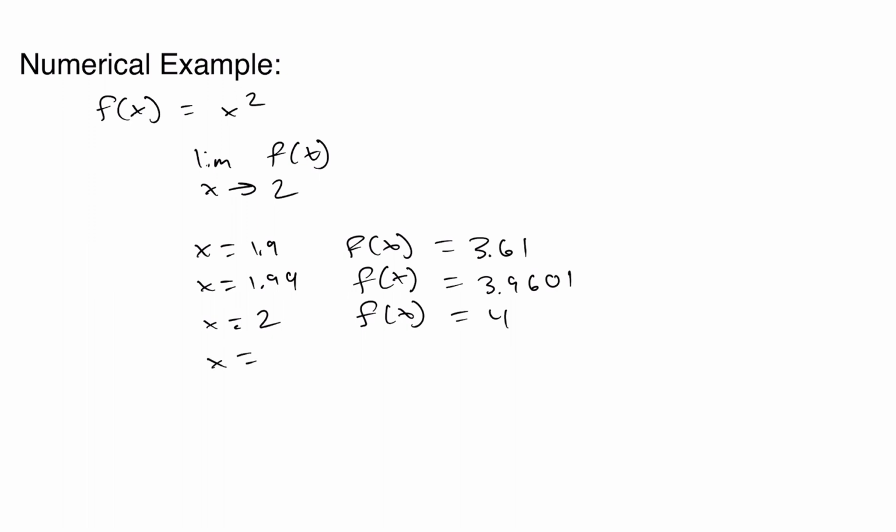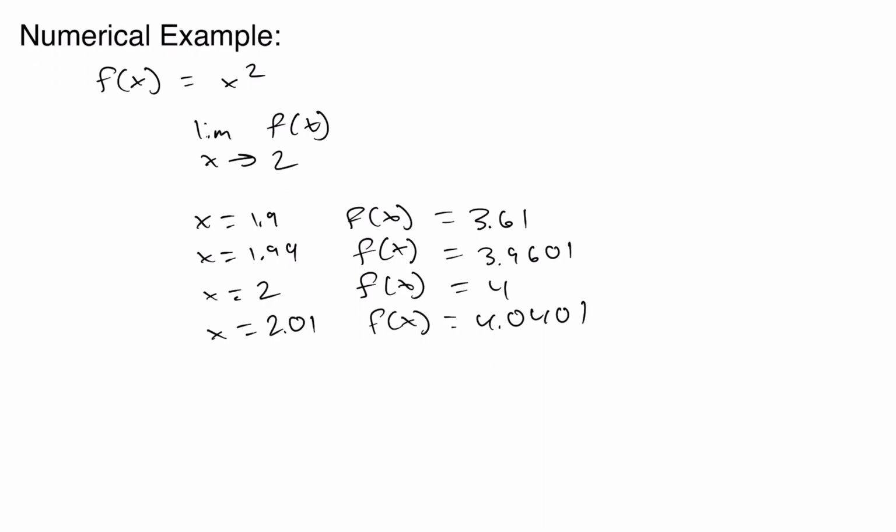And then when x is equal to 2.01, f of x is equal to 4.0401. So in conclusion, the limit of f of x as x approaches 2 is equal to 4.